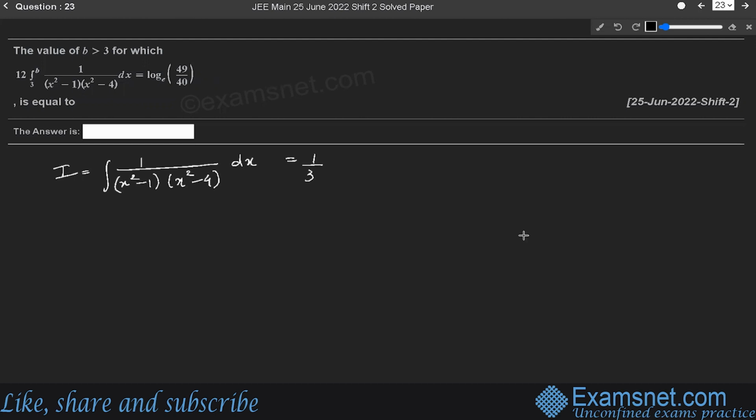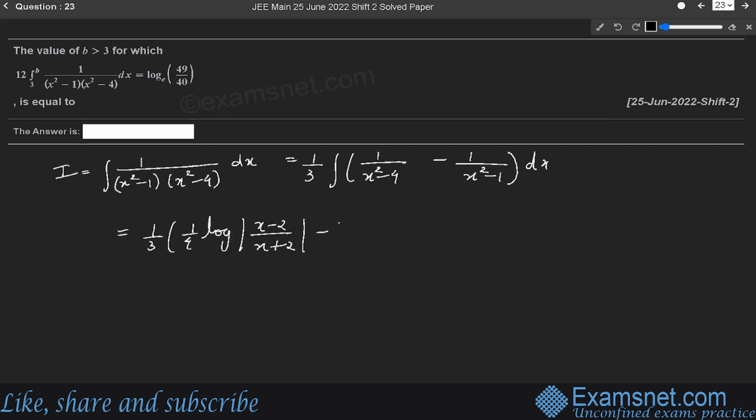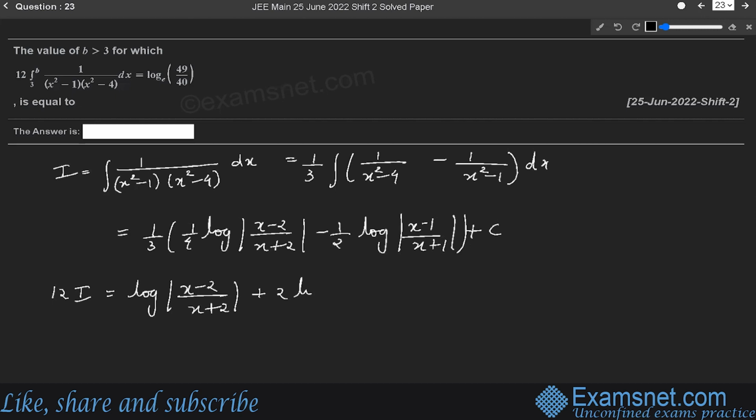So it will be equal to 1 by 3 into the integral of 1 upon (x squared minus 4) minus 1 upon (x squared minus 1) dx, which will be equal to 1 by 3 into 1 by 4 log mod of (x minus 2) divided by (x plus 2) minus 1 by 2 log mod of (x minus 1) divided by (x plus 1) plus c. So 12 into I will be equal to log of (x minus 2) divided by (x plus 2) plus 2 into log of (x minus 1) divided by (x plus 1) plus c.